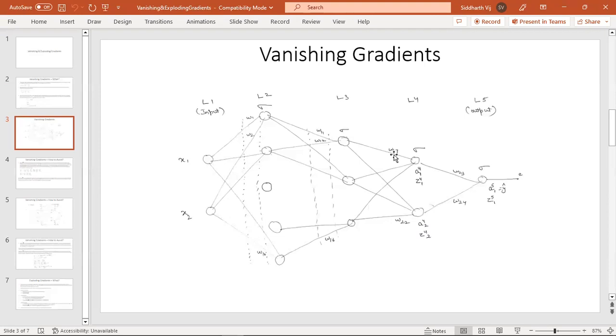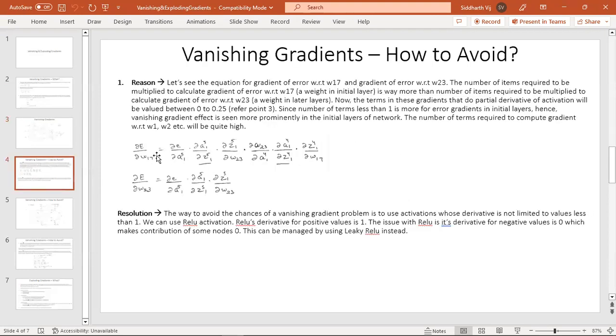So what I'm talking about, let's see the equation. The error gradient with respect to W23, let's look at the bottom one first, is the partial derivative of error with respect to the activation of the last layer, which is the y hat, times the partial derivative of y hat, or activation of the last layer, with respect to the z value of the last layer, times the partial derivative of the z value of the last layer with respect to the w value in the second last layer.